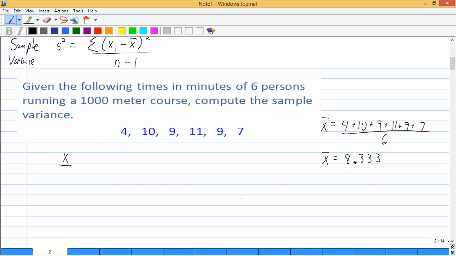So you'd really just write down everything twice. So I'm going to sort these: 4, 7, 9, 9, 10, and 11.